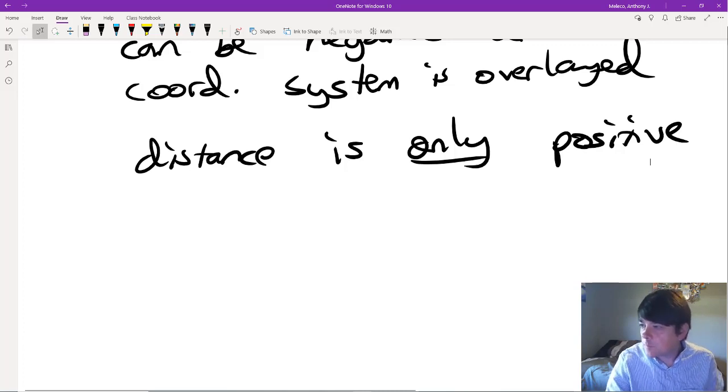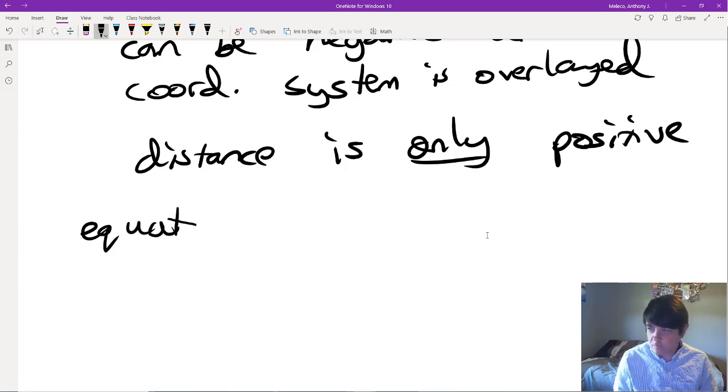So, here's the equations for position, okay?